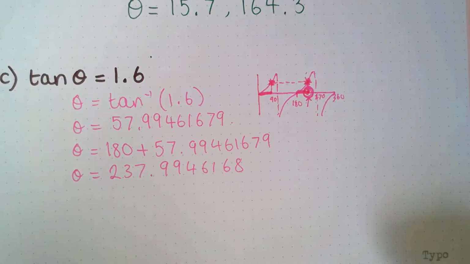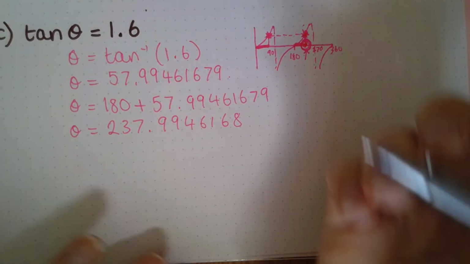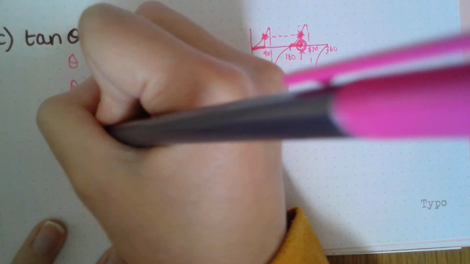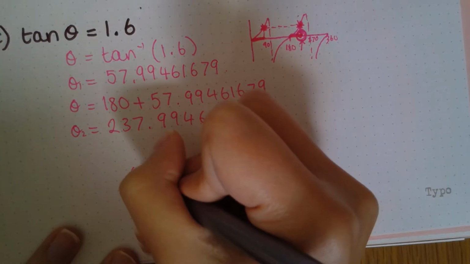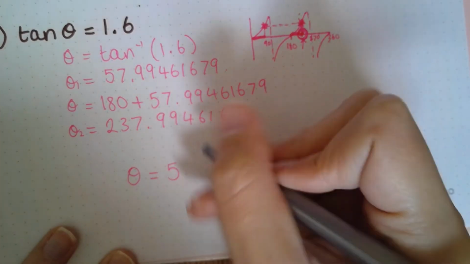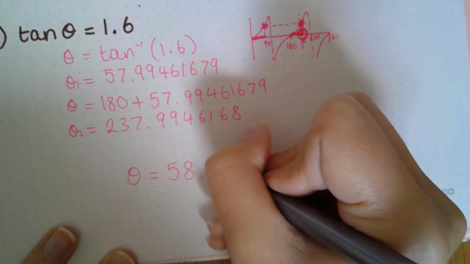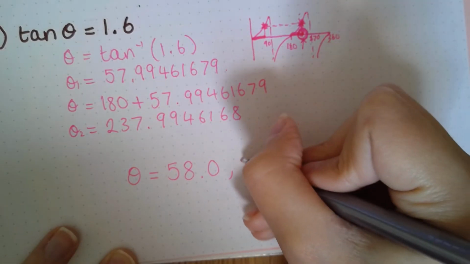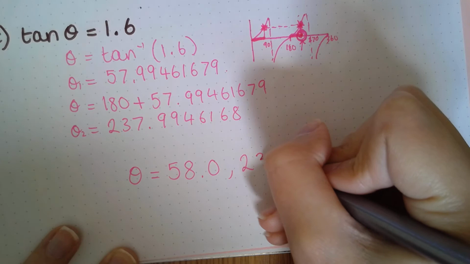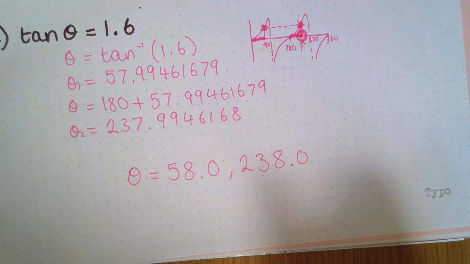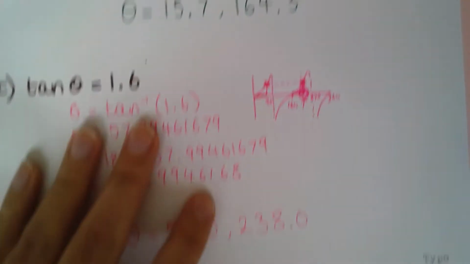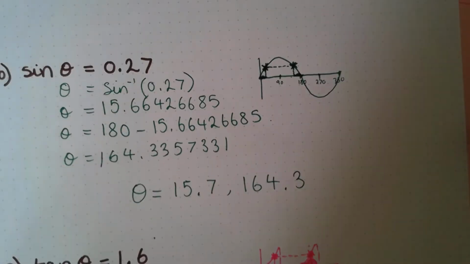You could call them theta 1 and theta 2. There are two values for theta, but theta is equal to 58.0 when we round and 238.0 when we round.